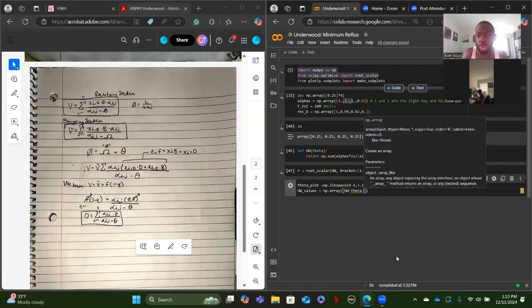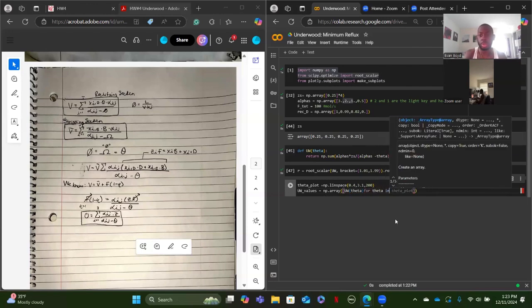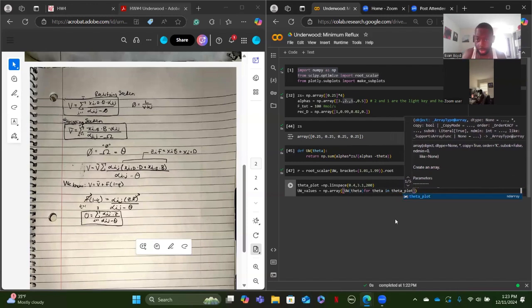And remember, we want to loop this for as many times as theta plot. We did this in the distillation column, if you remember, when we had to loop inside our array. Same thing: for theta in theta plot. So this will be continually looped.